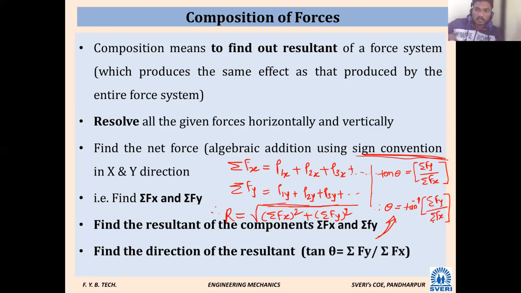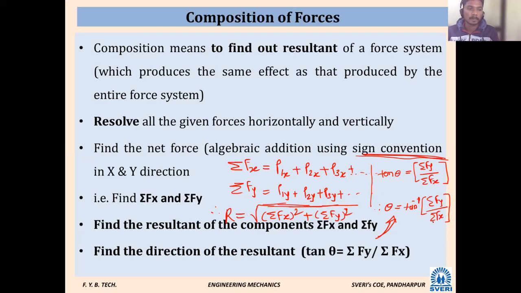Meanwhile the problems are only for solving for the resultant. Further problems are there afterwards. So just write this down in your notebook so that we can solve some problems. To find the resultant, what is the procedure?